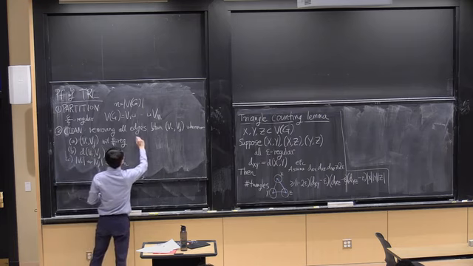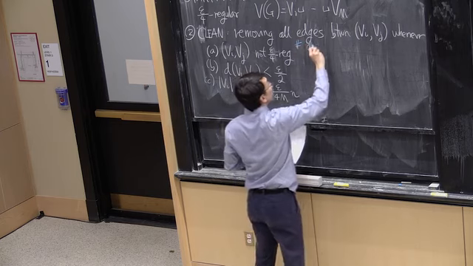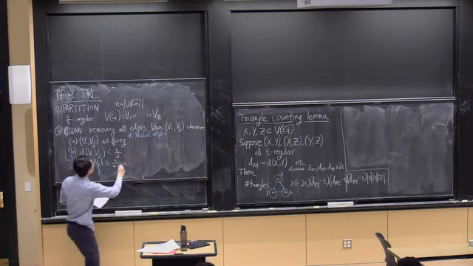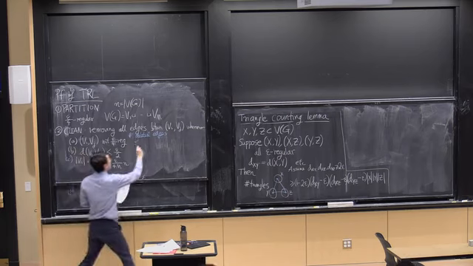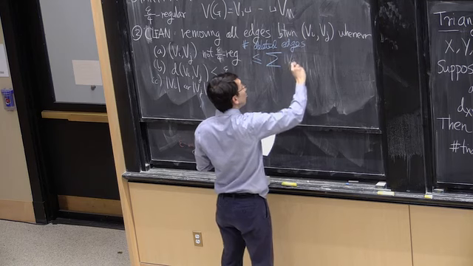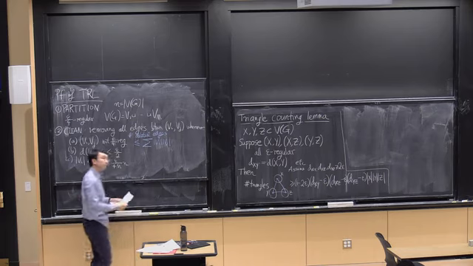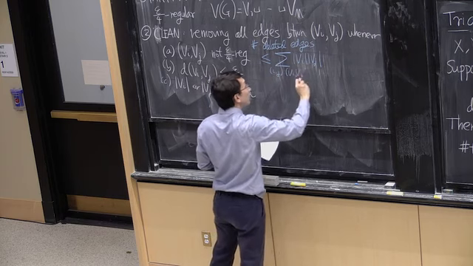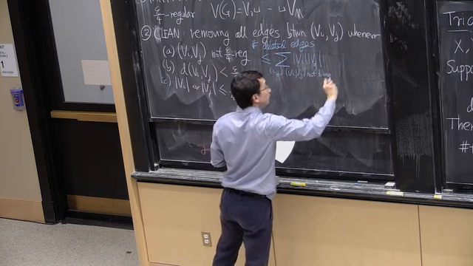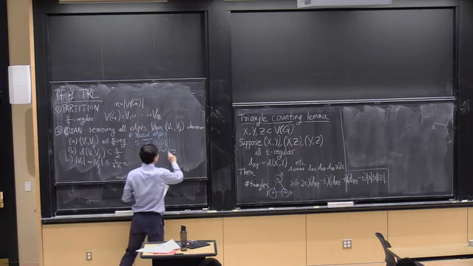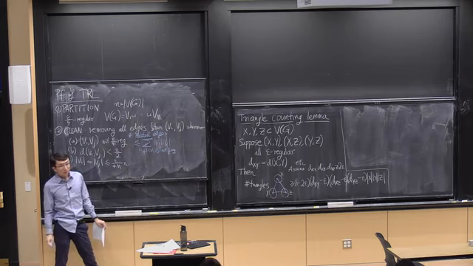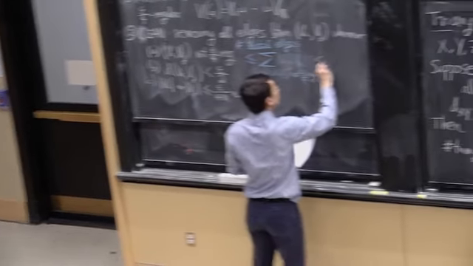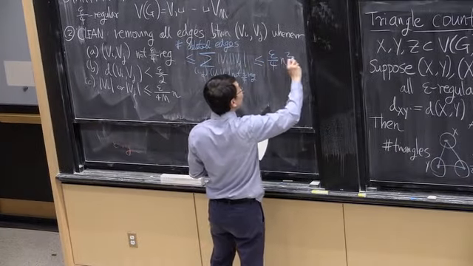Well, in the first step, the number of edges deleted is at most the sum of the products of Vi Vj's, when you sum over i, j such that this pair is not epsilon over 4 regular. By the definition of an epsilon regular partition, this sum here is at most epsilon over 4 times n squared.